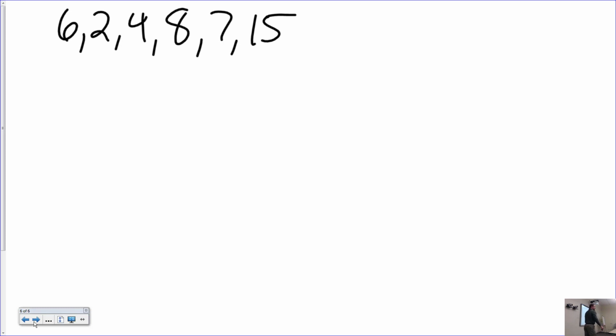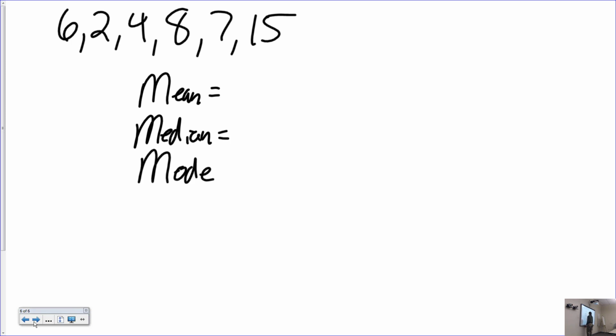Find mean, median, mode. How do you find the mean?